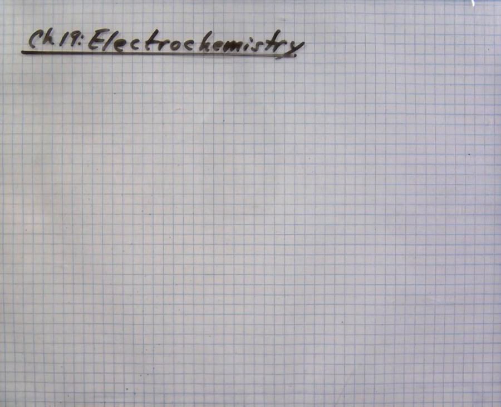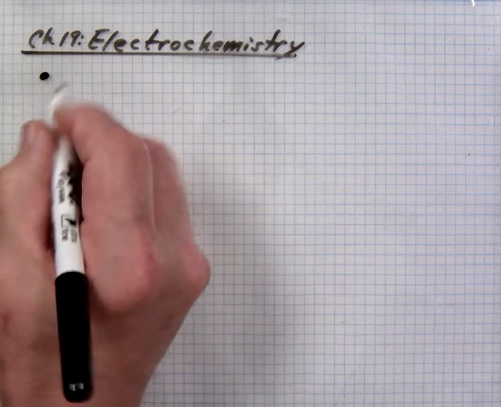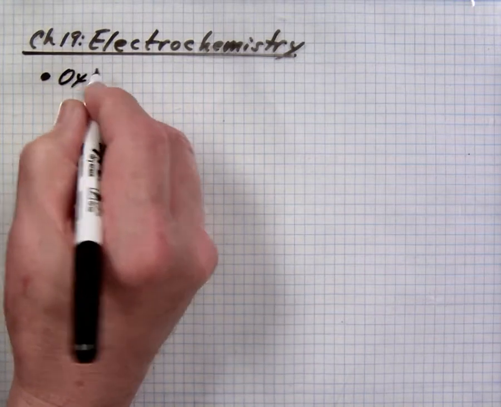Now we look at chapter 19 on electrochemistry. This chapter has three parts to it. First, we need to review some issues on oxidation reduction.